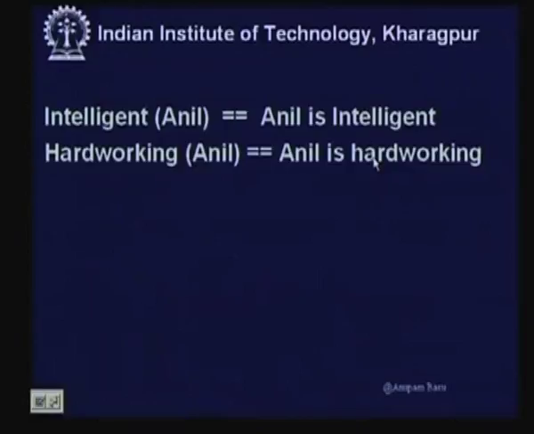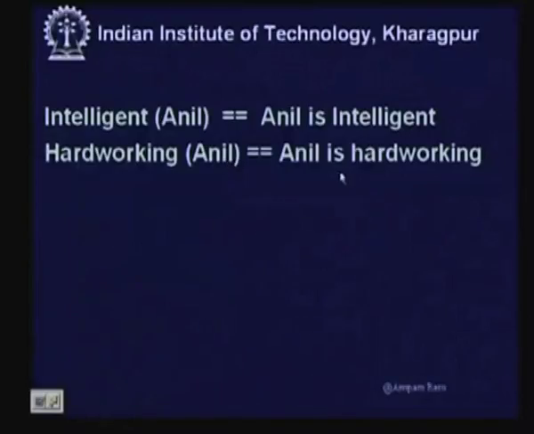And so, when we write intelligent Anil, I am putting in some function on Anil, and that means Anil is intelligent, and this entire thing can be true if the Anil that I am talking about is intelligent. If that Anil is intelligent, then this statement is true.